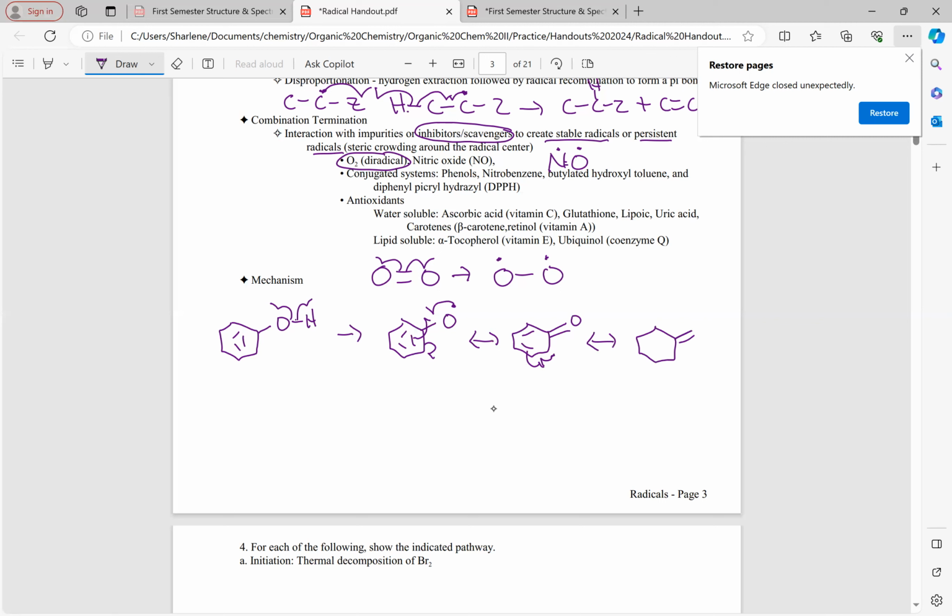This should probably be looking familiar. And it'll look really familiar this semester because we're going to do it over and over and over. Where did that double bond go? That double bond went there. There's one there. There's a radical. It's going to happen again. And one last time.